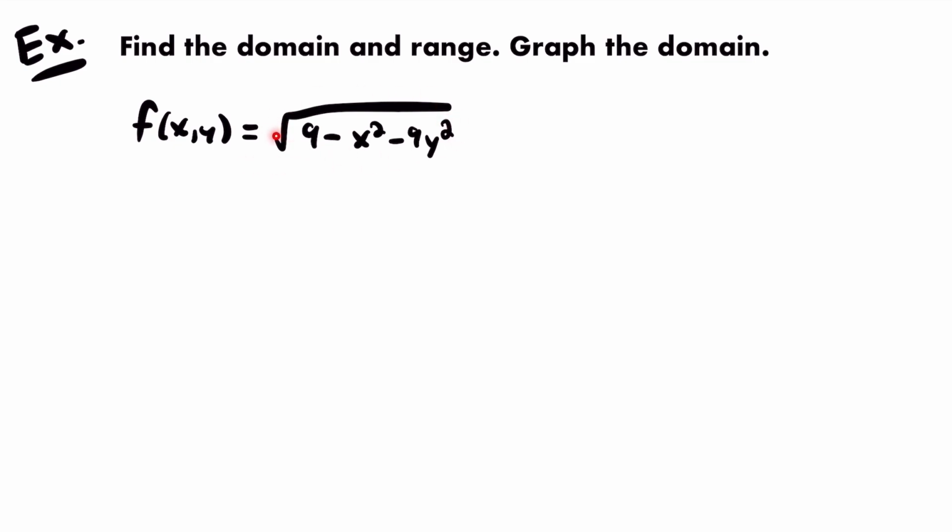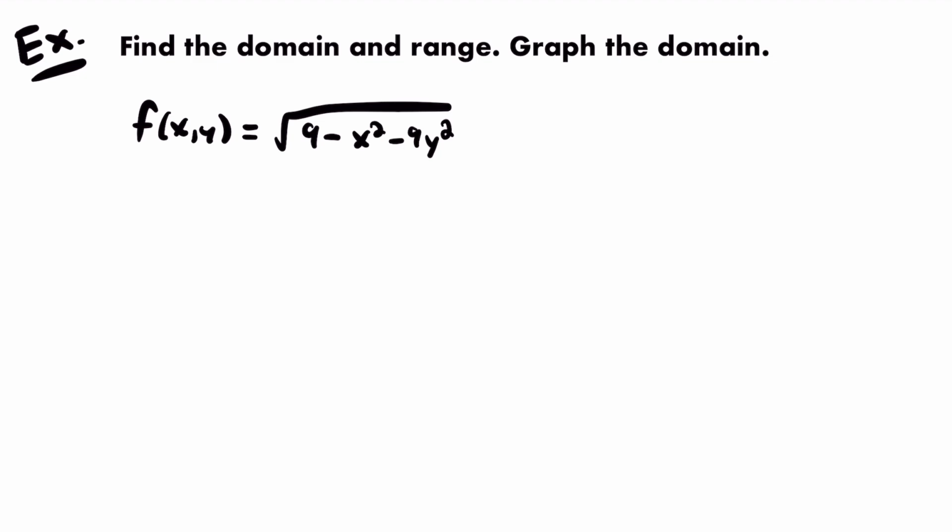So you want to look at this function and ask yourself, are there any values of x and y that would cause this function to be undefined? And something that you should see here is that we do have a square root, and you always want what's inside a square root to be positive, right? You don't want to take the square root of a negative number because that gives you an imaginary number, which is not a real number, and we're only working with real numbers here.